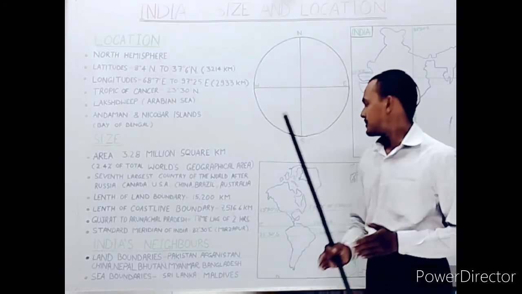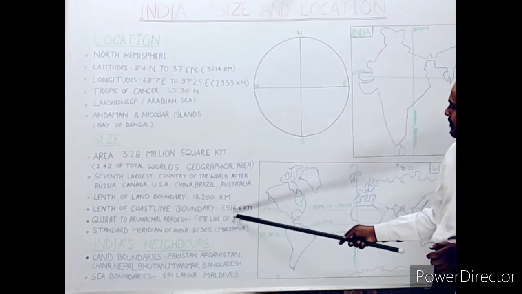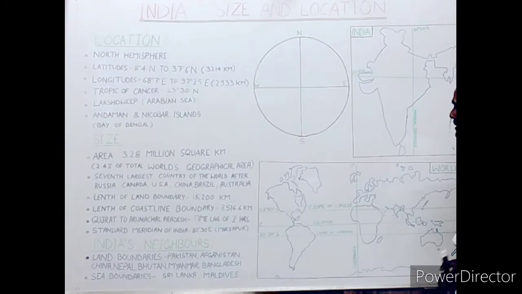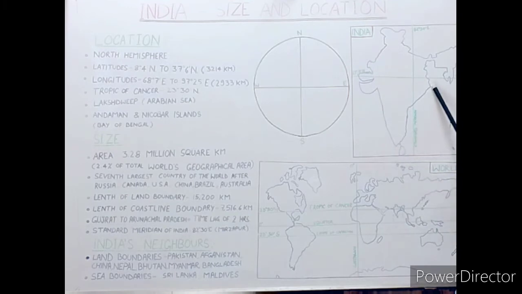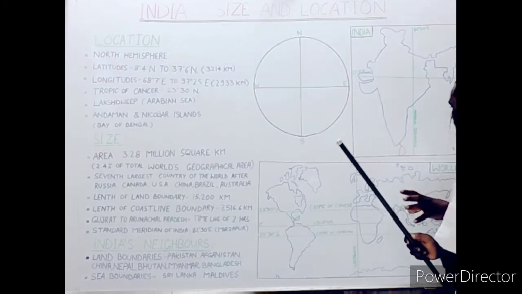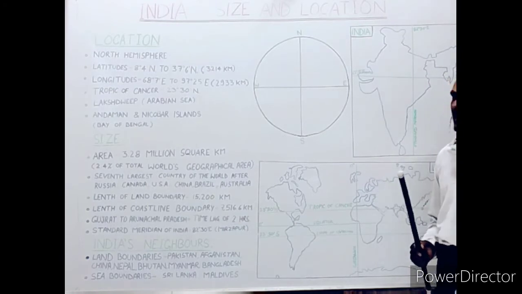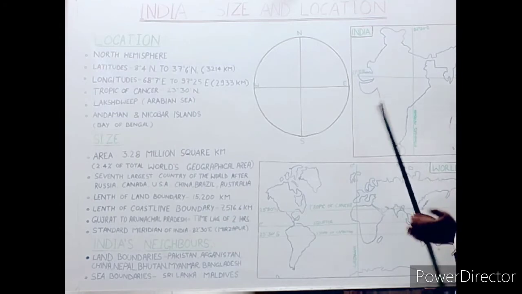Next, the length of the coastline means the boundary made between the land and the ocean, the water. It is 7,516.6 kilometers. This is the total border, from here to there. We see the coastal boundary, or sea boundary.